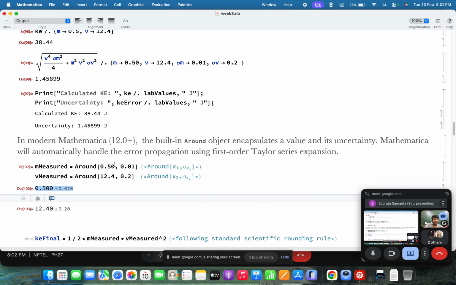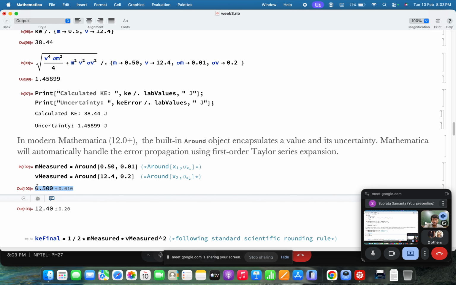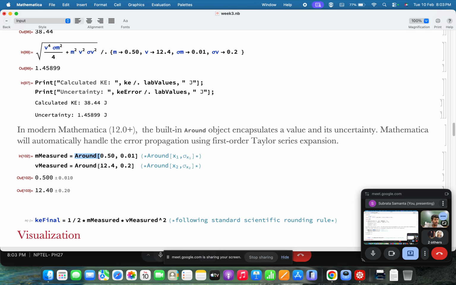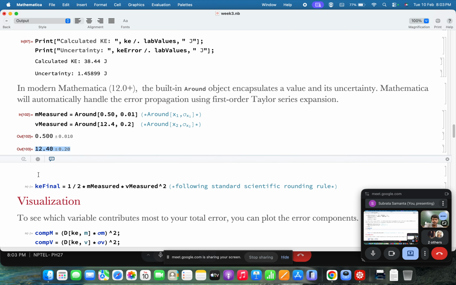When you use around, it puts it in the traditional form, like x plus minus your error sigma x. So, this is the way I can assign these things. I assign them using the around function. Similarly, v measure I assign using the around function again. So, this is my result.